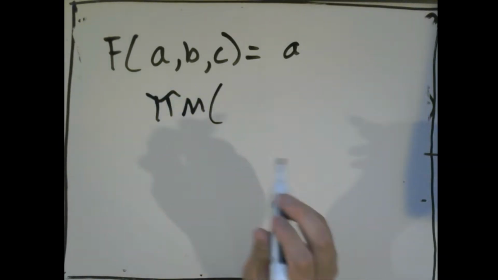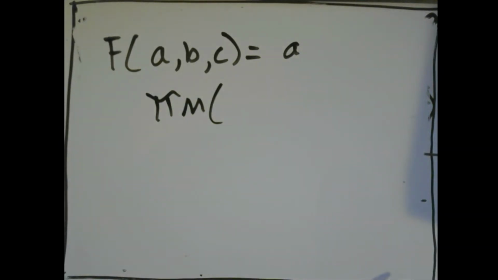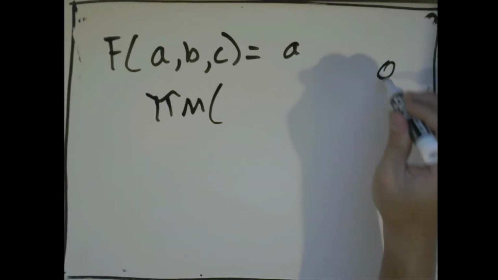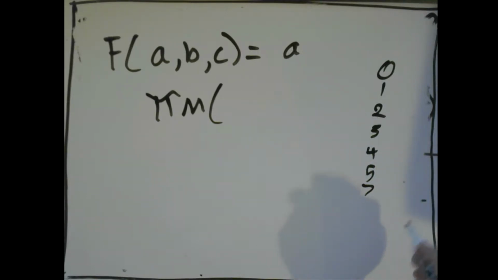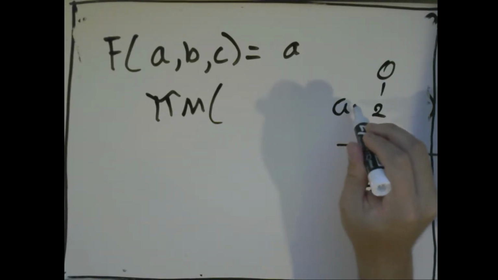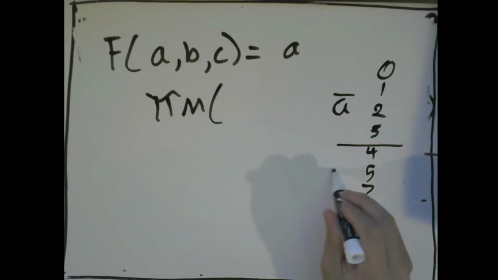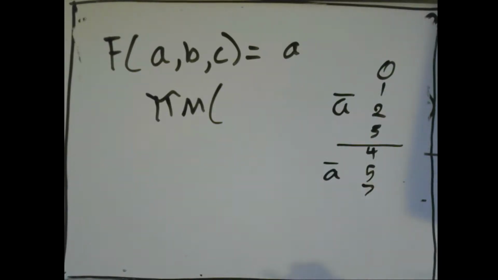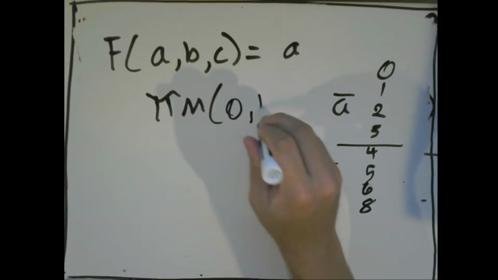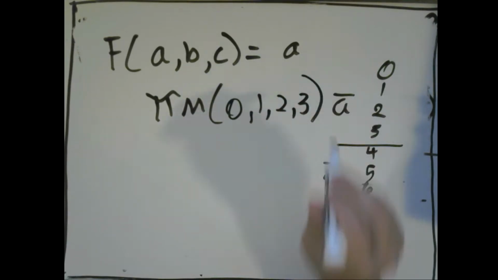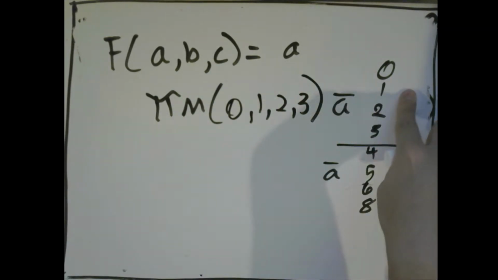If the equation is equal to A, then we have a truth table that goes 0, 1, 2, 3, 4, 5, 6, 7. For the first four, A is equal to 0, and for the last four, A is equal to 1. So for this one, we're going to have these terms, 0, 1, 2, 3. That's where the equation is equal to 0.